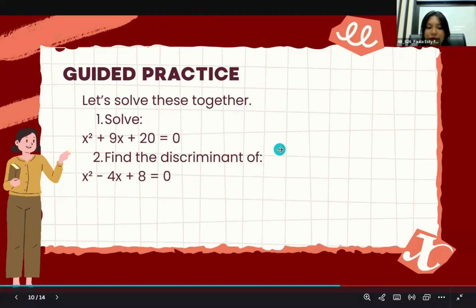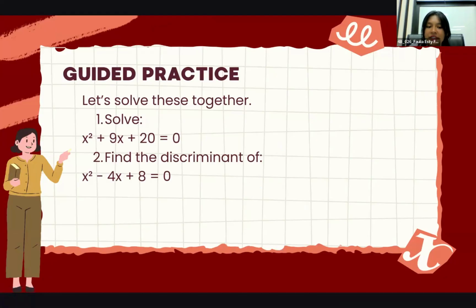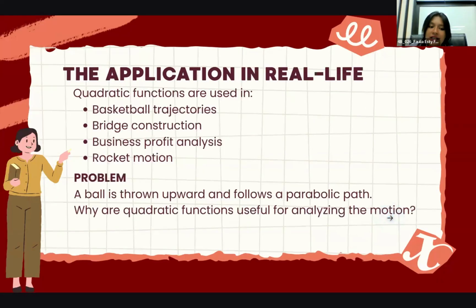The problem number 2 is find the discriminant of x squared minus 4x plus 8 equals 0. B squared minus 4ac equal 16 minus 32 equal negative 16. Yes, excellent. That's correct.